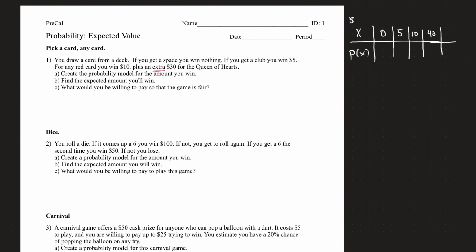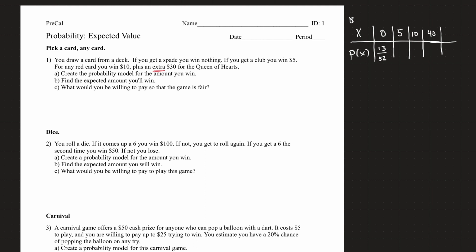And so the question is, what are the probabilities associated with each one of these things, right? So if you draw a spade, you get $0. Well, there are 13 spades out of 52. There are 4 suits, spades, clubs, diamonds, and hearts, and each one is 1/4 of the deck, so there's 52 cards total.